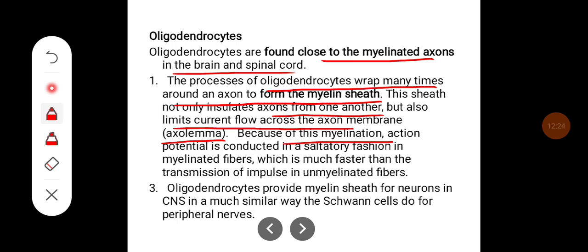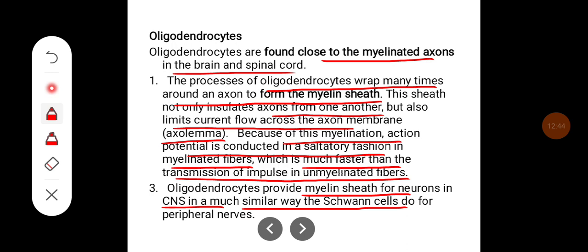Because of this myelination, the action potential is conducted in a saltatory fashion in myelinated fibers, which is much faster than the transmission of impulses in unmyelinated fibers. The oligodendrocytes provide the myelin sheath for neurons in the CNS in much the same way the Schwann cells do for the peripheral nerves.